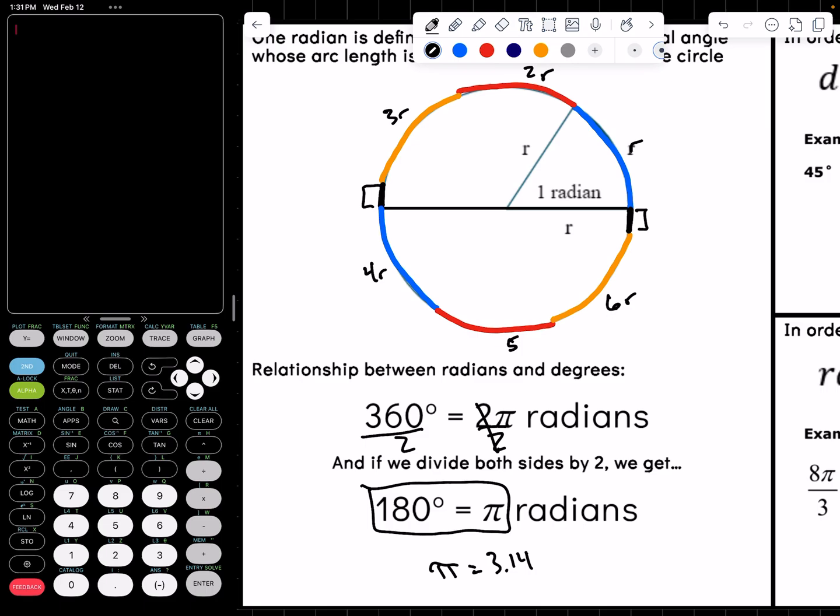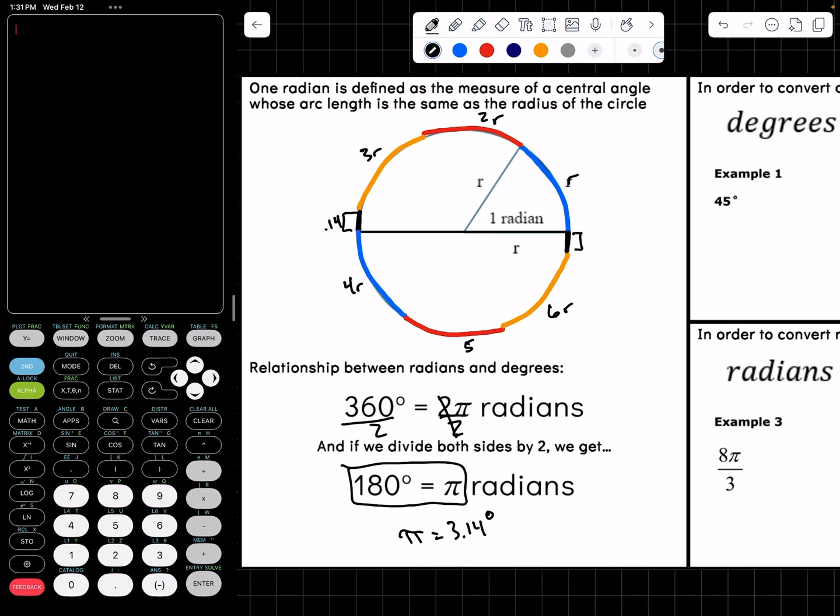And I apologize if I'm bouncing around the ideas here, but hopefully by now we can see that 3.14 radians is going to be the distance around the circle in relation to its radius, okay? So this radius right here is the same distance. Basically, think of it like a piece of spaghetti.